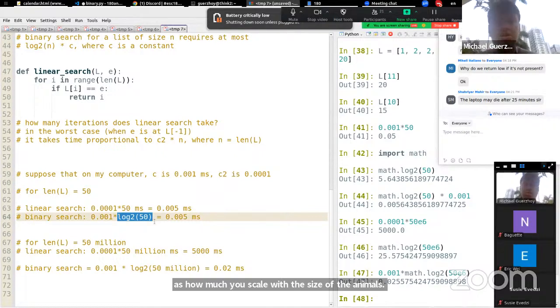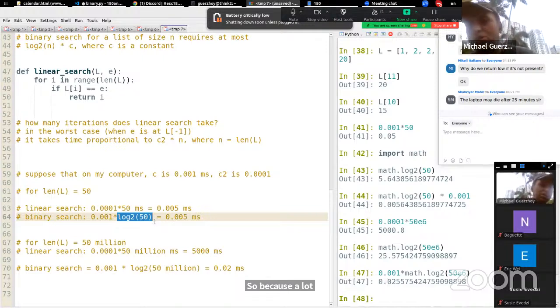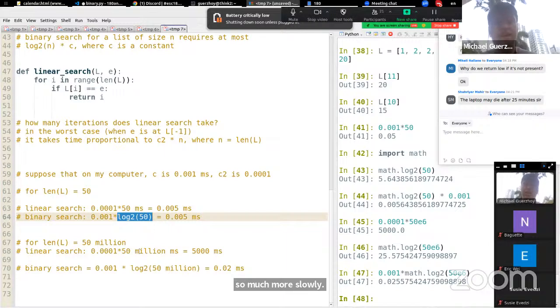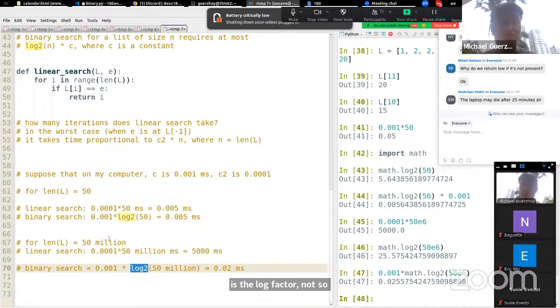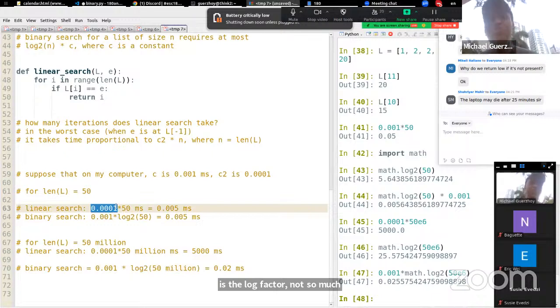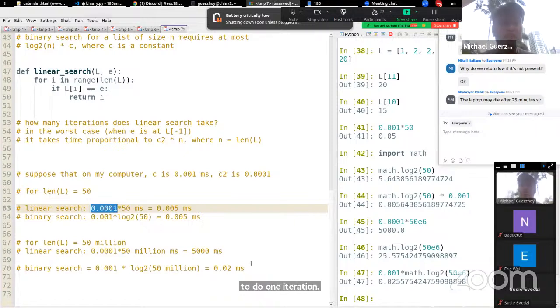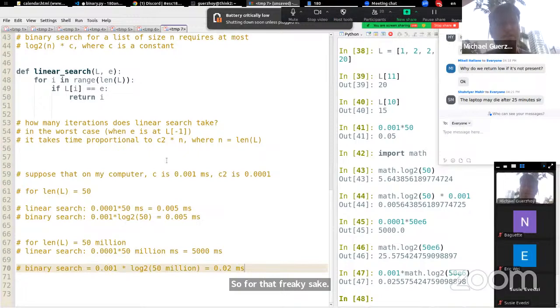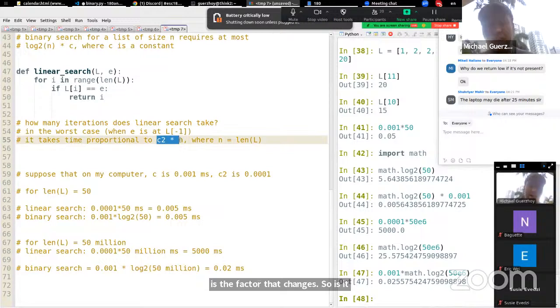Because log of n grows so much more slowly than n, what's really important is the log factor, not so much the amount of time that it takes to do one iteration. So really what we care about is the factor that changes. Is it C2 times n or C2 times log n?